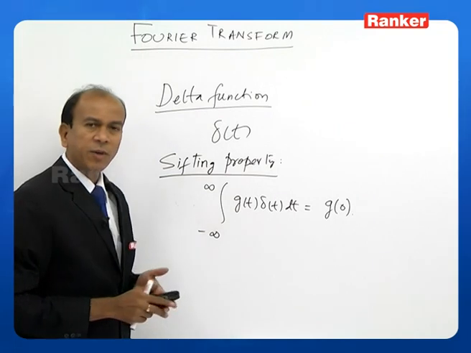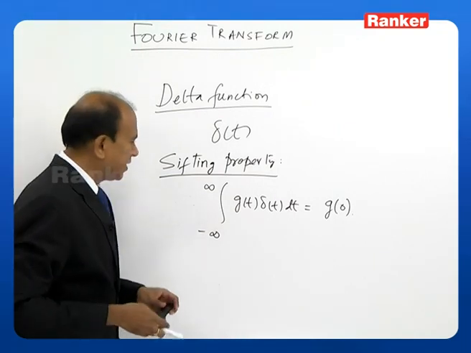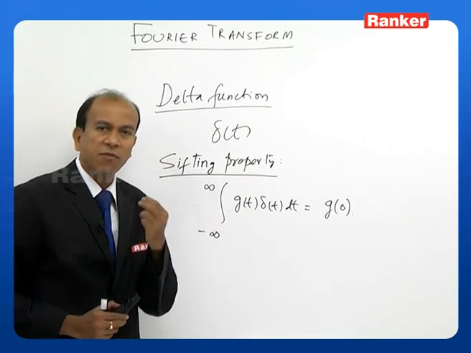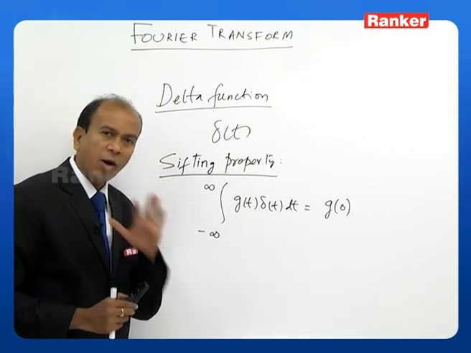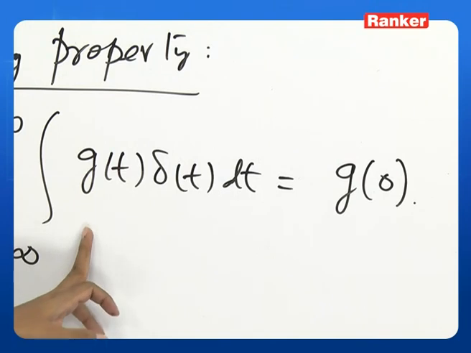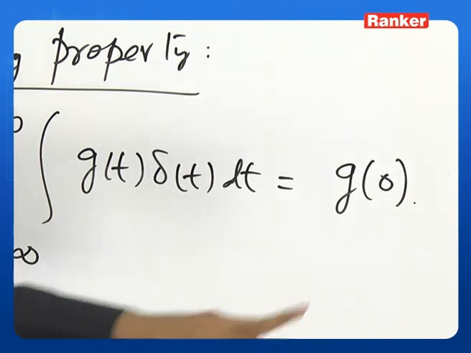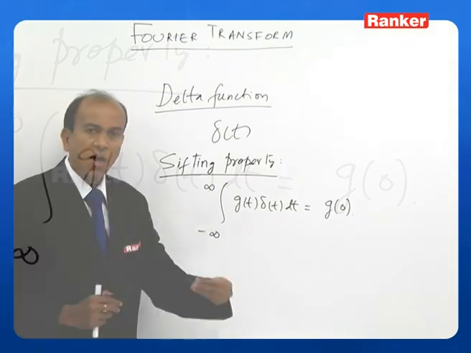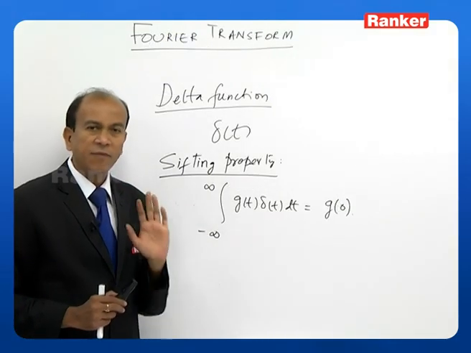That means what are we doing here? We are shifting. That means we are selecting or filtering only one value of the given function g of t. How am I doing that? When I integrate the product of g of t and delta of t, I get a value equal to g of 0. So we are able to select or filter only one particular value of the given function.